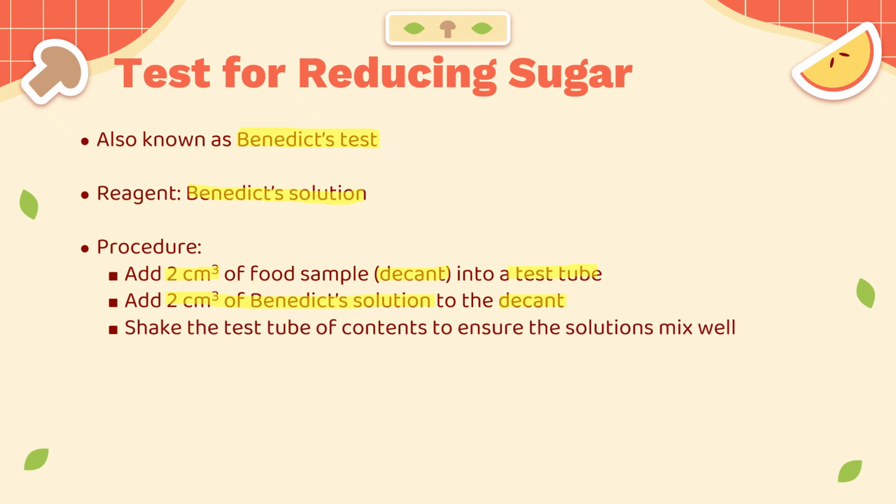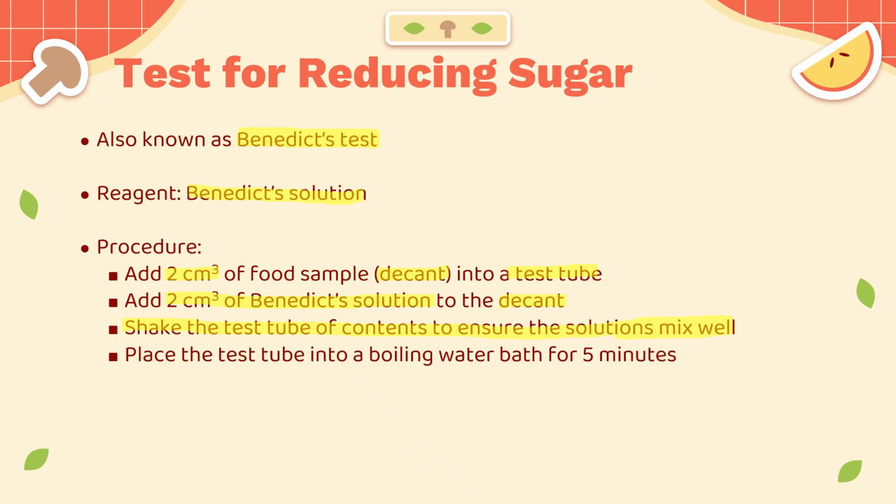After you add Benedict solution to the decant, you must ensure that the solutions mix well. So whether it's practical or theory, you have to shake the test tube contents. And after you have shaken the test tube to ensure that the solutions mix, you must place the test tube into a boiling water bath for about 5 minutes.